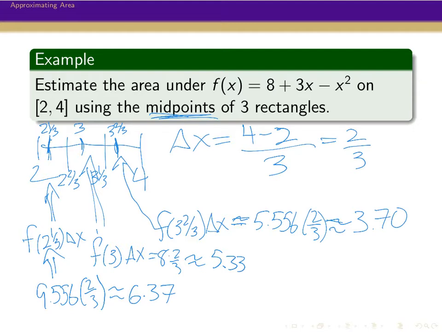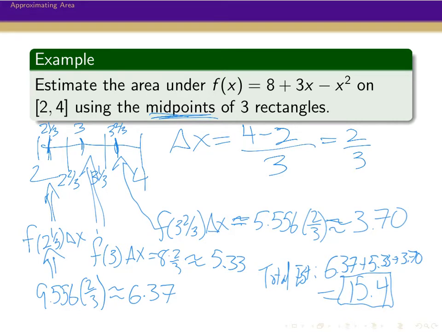So those are my three rectangles. So then to get my total estimate, we're going to add them together. So 6.37 plus 5.33 plus 3.70, and that gives us 15.4. And so that's our estimate for the area.